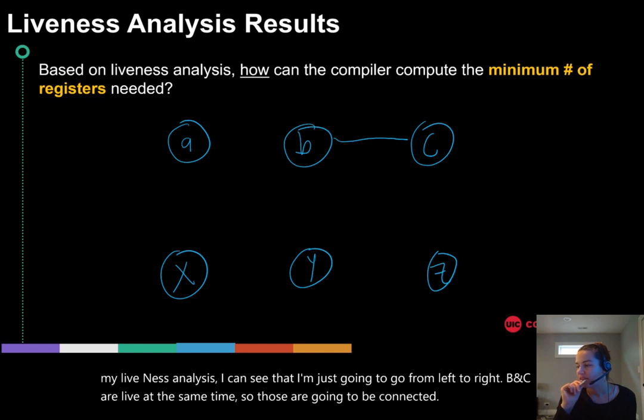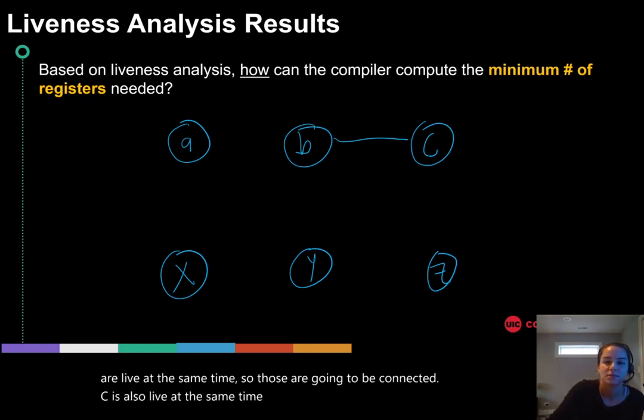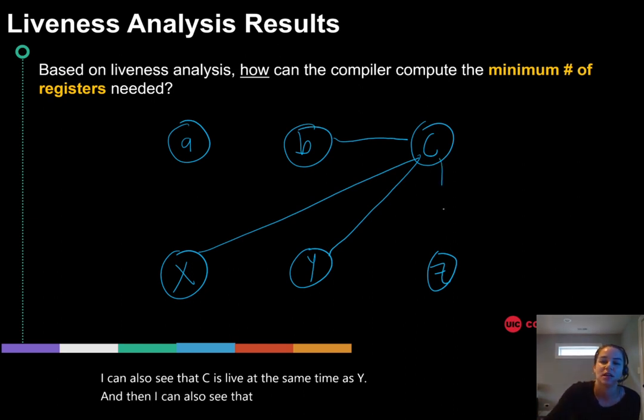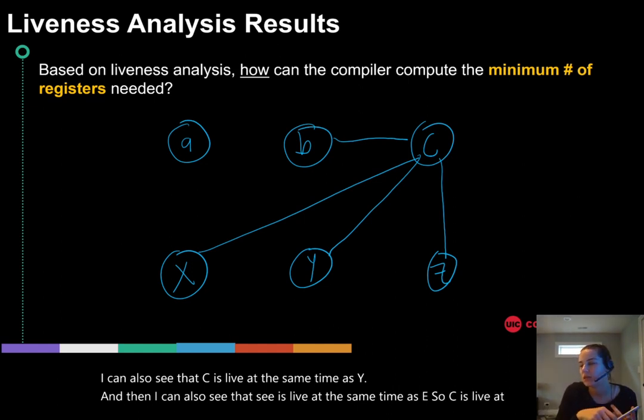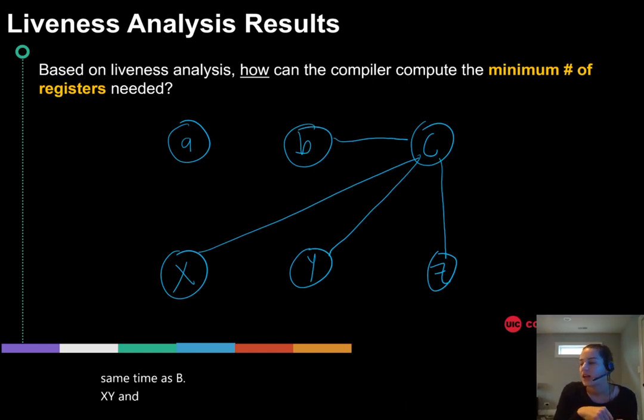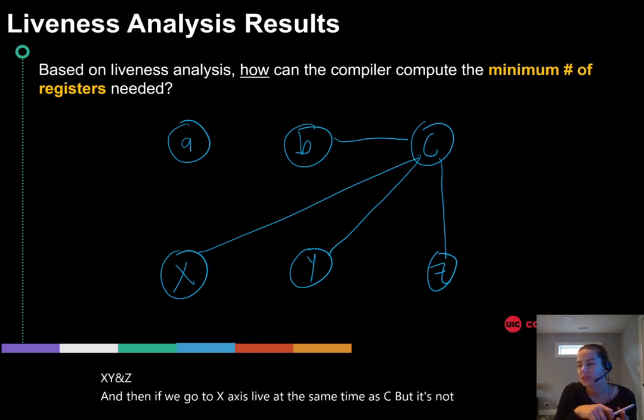C is also live at the same time as X. I can also see that C is live at the same time as Y. And then I can also see that C is live at the same time as Z. So C is live at the same time as B, X, Y, and Z. And then if we go to X, X is live at the same time as C, but it's not live at the same time as anything else.